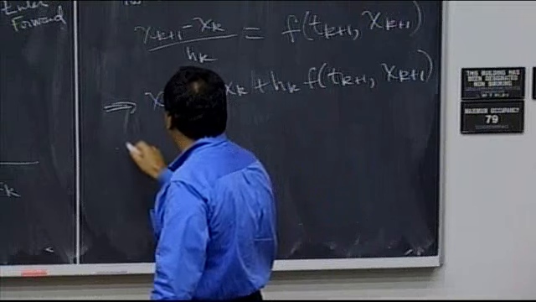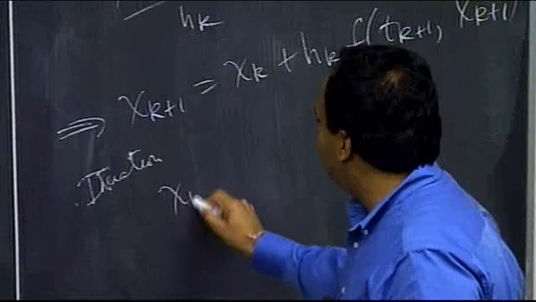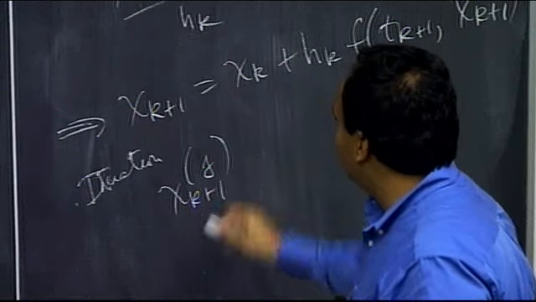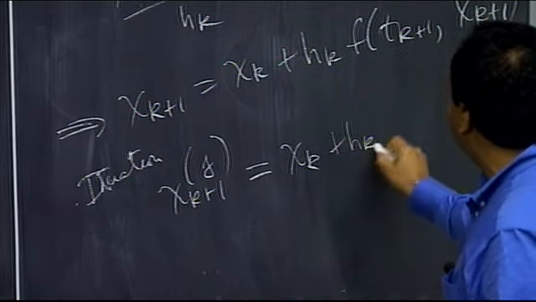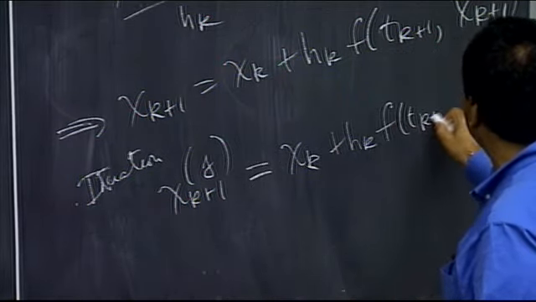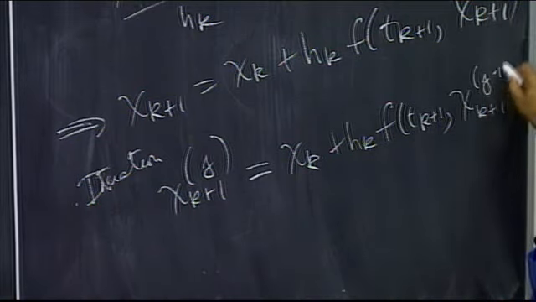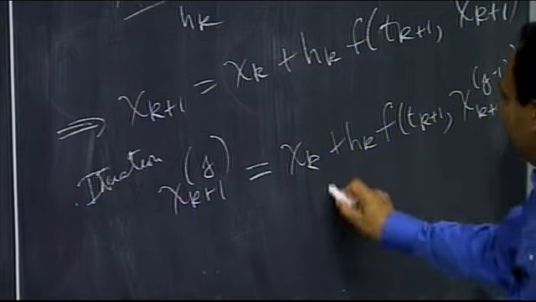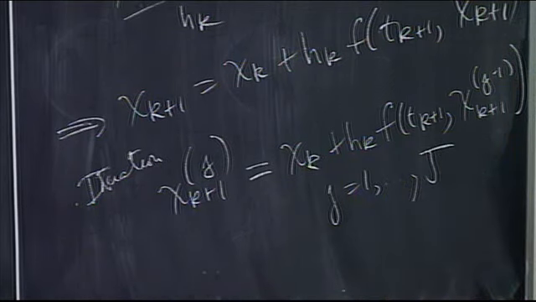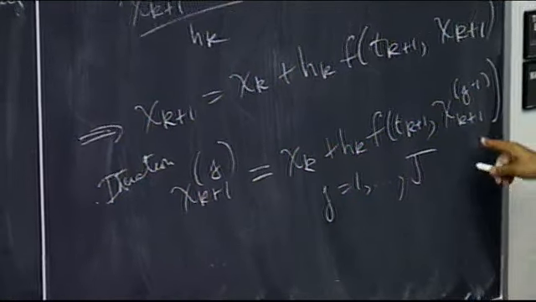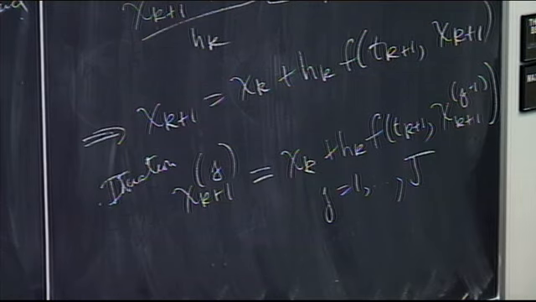So what you get is this iteration that looks like this: xk plus 1 at the jth iterate is equal to xk, which I know, plus hk times f of tk plus 1, which I also know, xk plus 1 at the j minus first iterate, where j goes from 1 to capital J, which is the number of iterations that I'm going to take in this thing. Right? So what I do is I make a guess. Actually, j goes from 1, because I started at 1.